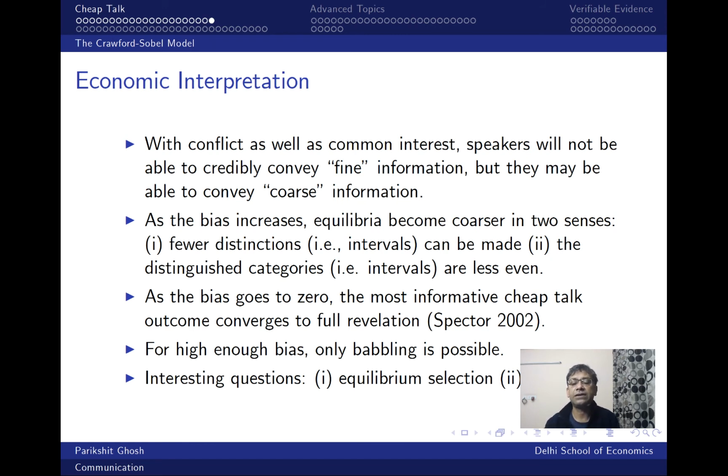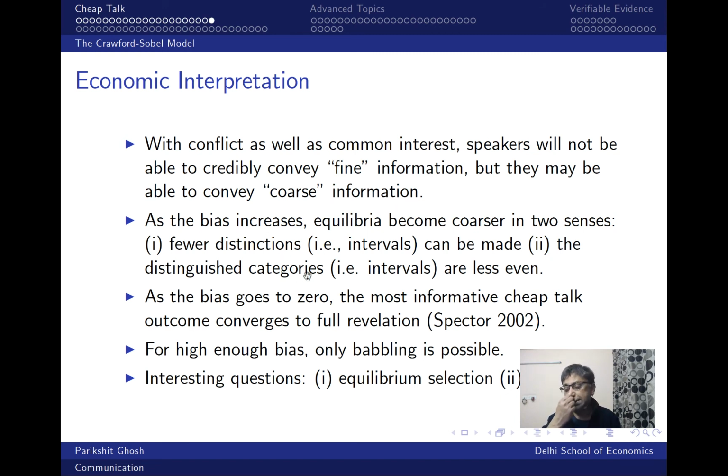The receiver will learn something about the state of the world from the messages conveyed, but won't learn everything. So the receiver will learn coarse information, will receive information in broad categories, and fine distinctions and nuances will be lost due to credibility issues. So that's one important point.